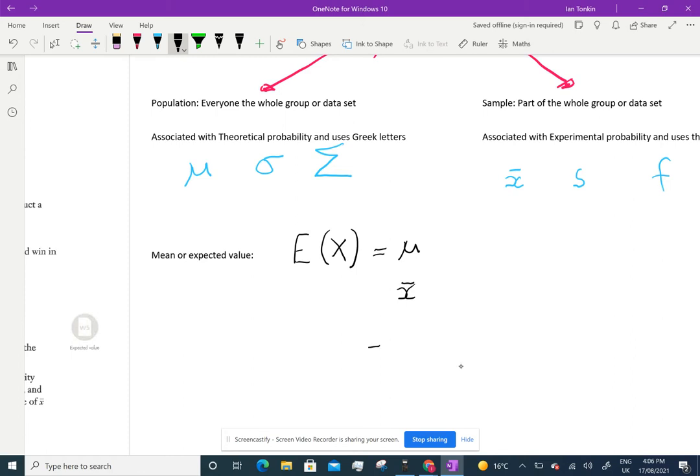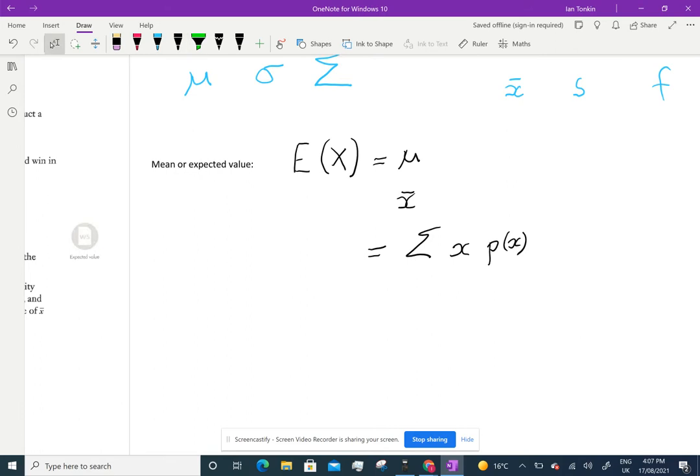But the way we calculate it is it's sigma X, P of X. Well, what does that mean? Well, sigma, so expected value, what you expect to get, and what does this mean?